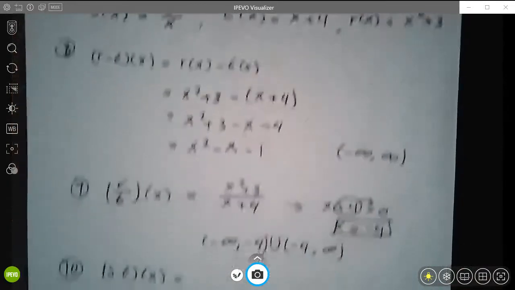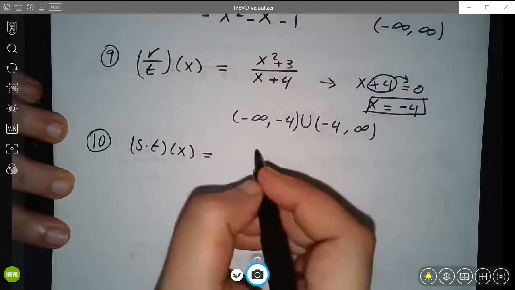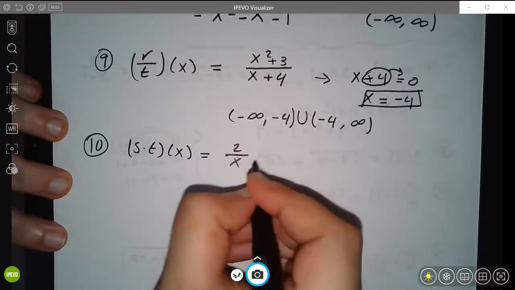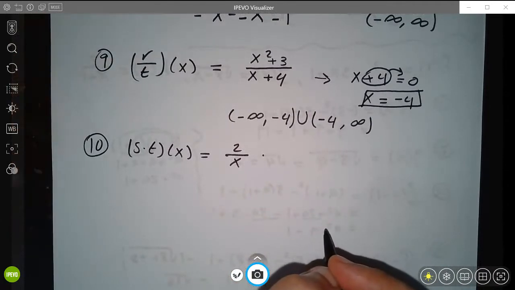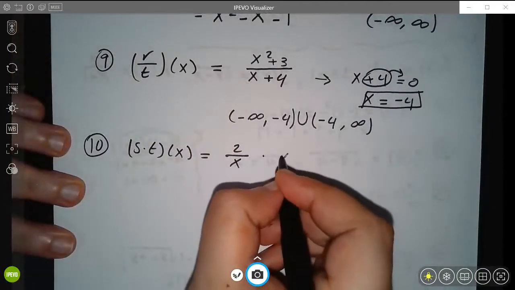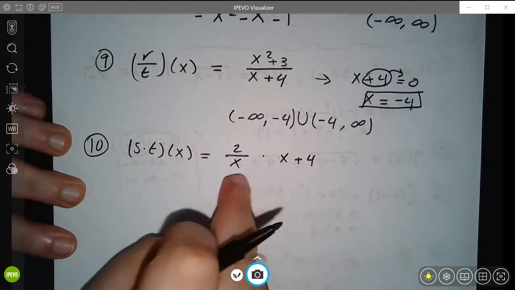And since, again, the question told you of x, and I just gave you x, that means you don't have to plug in any other numbers. So I'm going to write 2 over x here, and then times. Now, as we saw from previous examples, t is x plus 4. x plus 4.